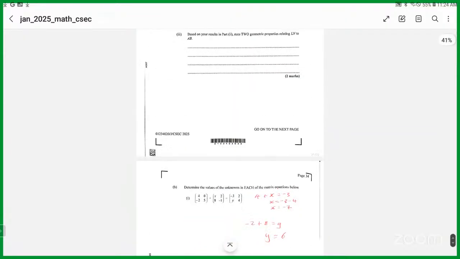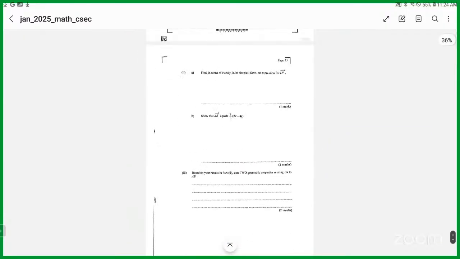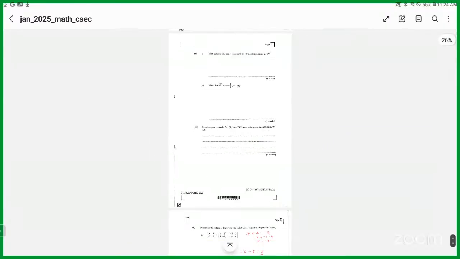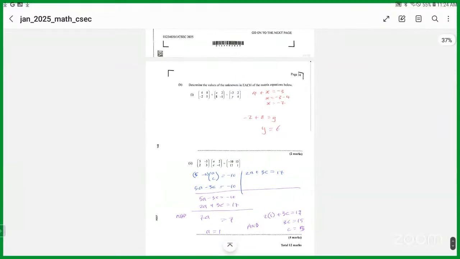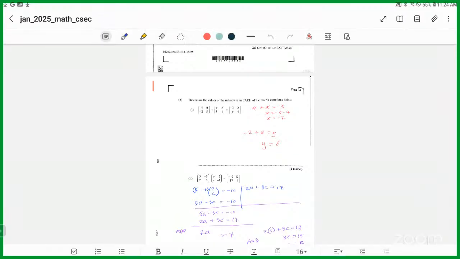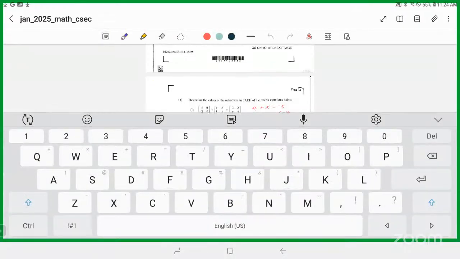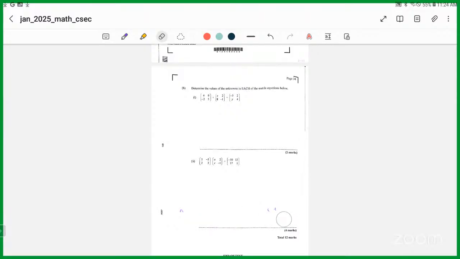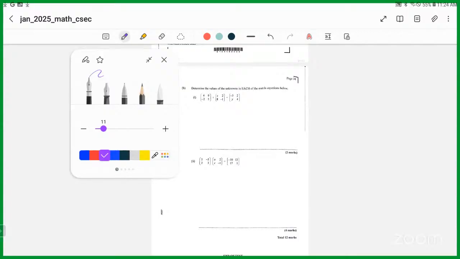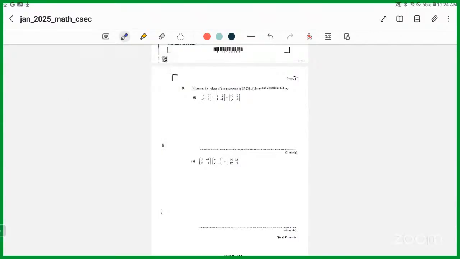Chances are I solved it for you already, but no problem. Let's do it again. I'm not sure, but I'm just going to work it out again. So let's erase it and do it over again. Doesn't hurt. More maths equals better maths.